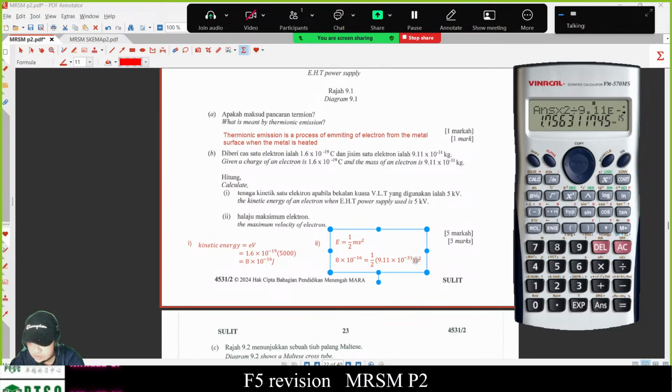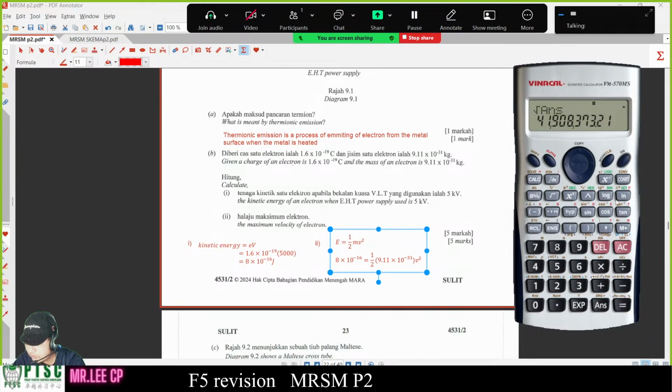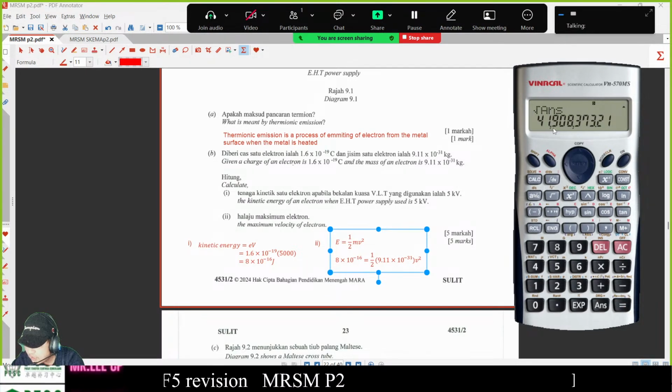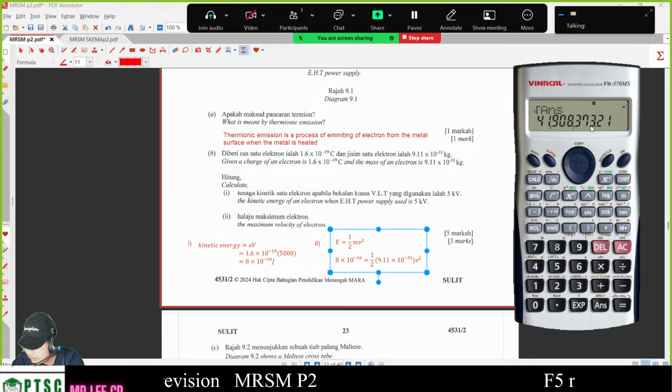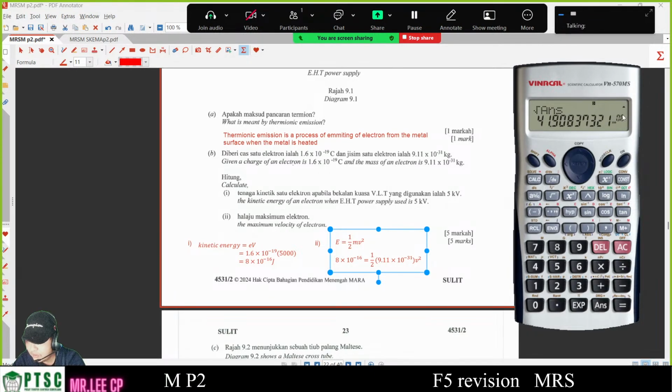Don't forget this one is v square, and then you need to square root to get your V. So your V is 41908373.21. So you put engineering mode here. This is 4.191 times 10 to the power 7.